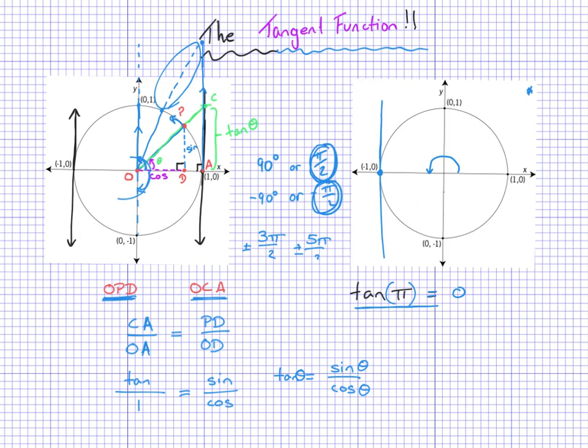Okay, we'll try a couple more. Here is an example: what about tan of 7 pi on 2? Again, we'll map it out on the unit circle. So I've got 7 pi on 2.